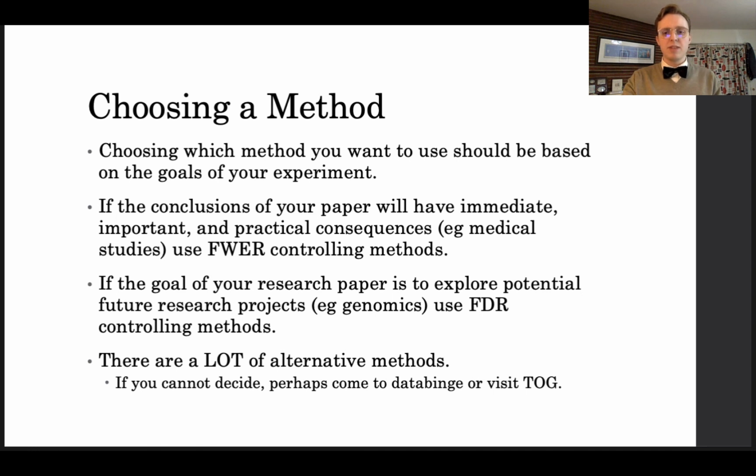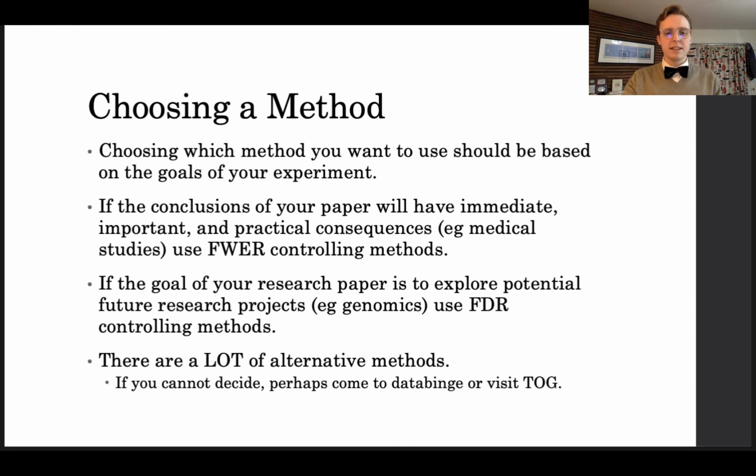For example, if you are working on a new medical treatment, then you do not want to make any type 1 errors at all. You need to be very sure that your treatment has a real effect. These are the situations where you should use family-wise error controlling methods, such as the Bonferroni method.